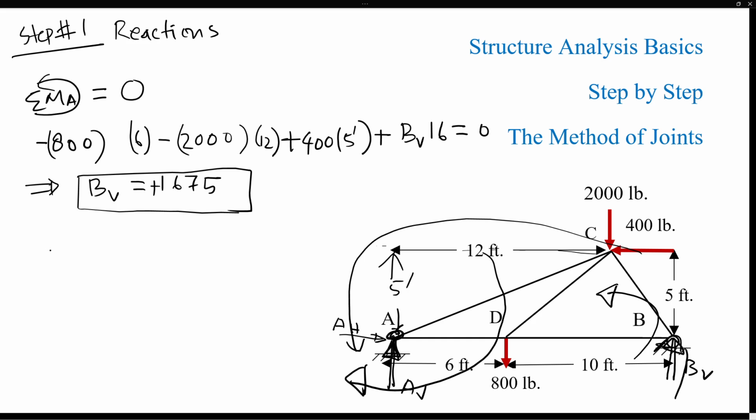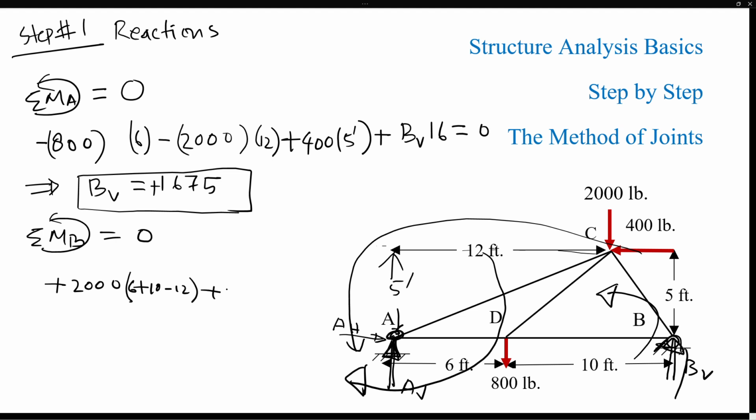And then if we take moments with respect to B, similarly, we can calculate the reaction at A. The 2000 pounds now will cause, with respect to B, a counterclockwise moment. So that's positive times the distance of the 2000, which we can calculate as 6 plus 10 minus 12 that way.